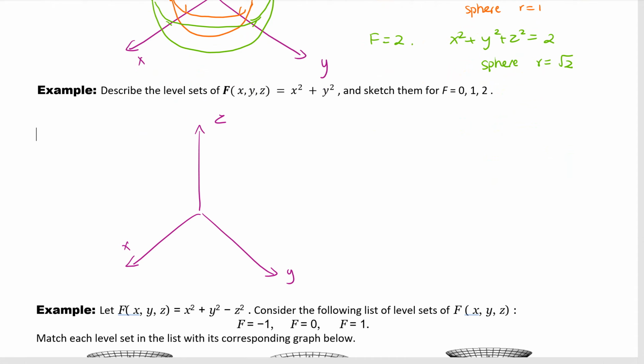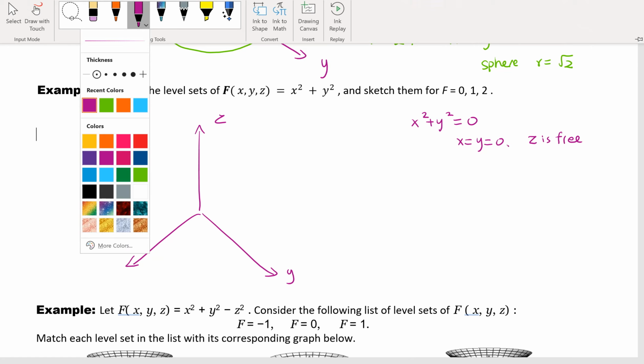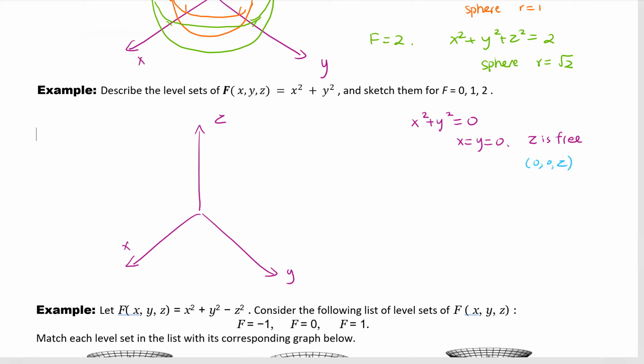If f is 0, then we have x squared plus y squared equals 0. That means x equals y equals 0, but z is free. This is actually the line where x and y are 0, so 0, 0, z. This is the z axis.